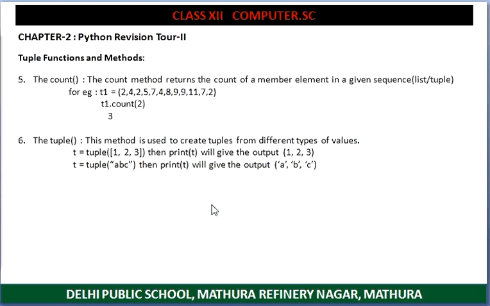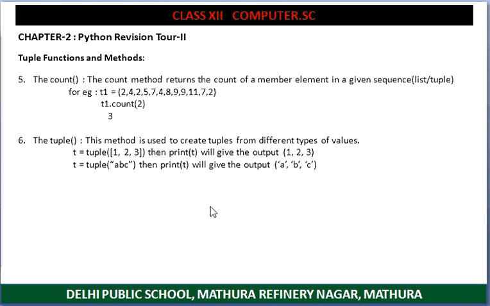Next, tuple(). This method is used to create tuples from different types of values. t = tuple([1, 2, 3]). Then print t will give the output in tuple form. So it is creating a tuple from a list. t = tuple('abc') in string form.